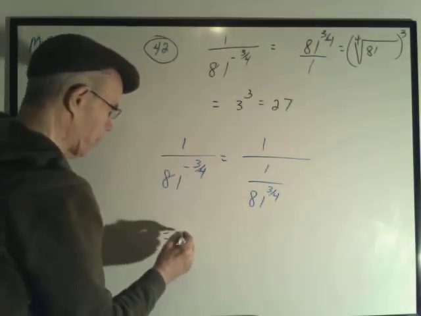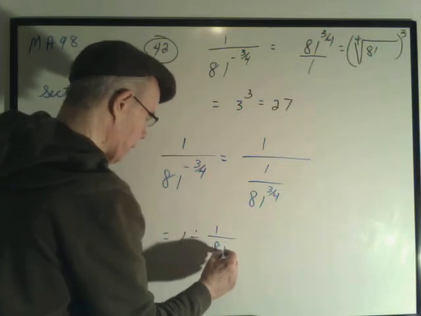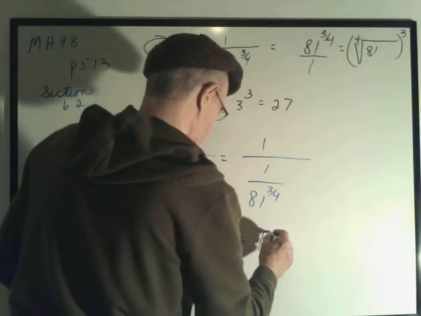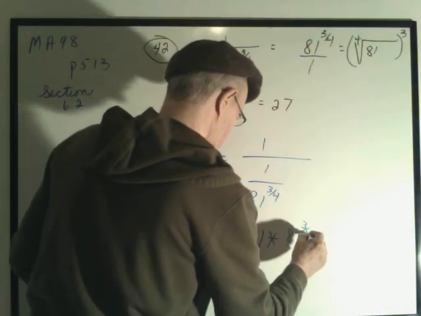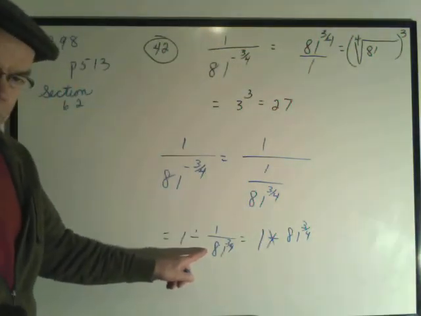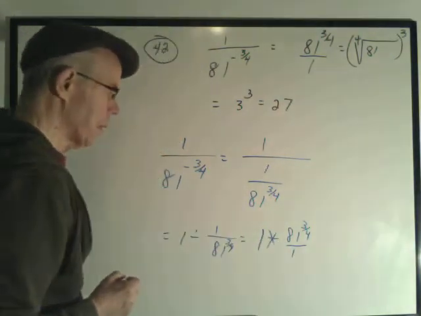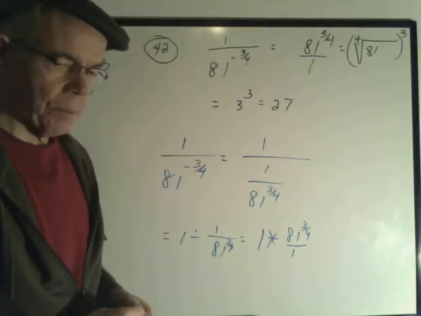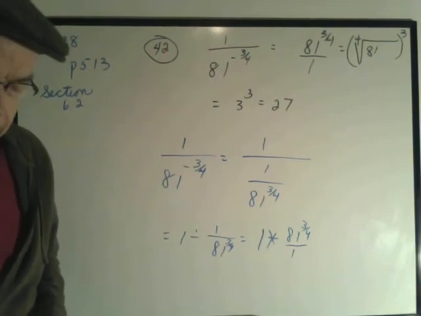And that means 1 divided by 1 over 81 to the 3/4. When you're dividing, you invert your fraction, which becomes this. All right, so it ends up being that. And proceed.